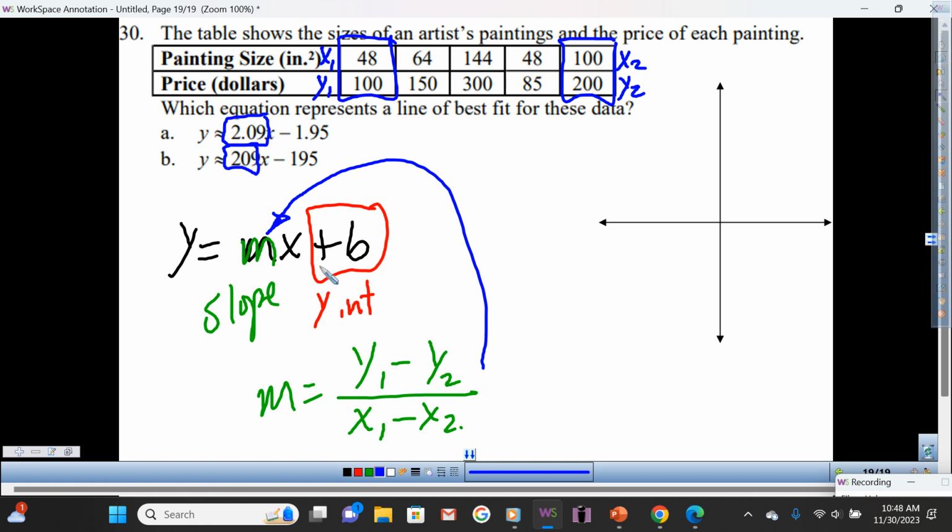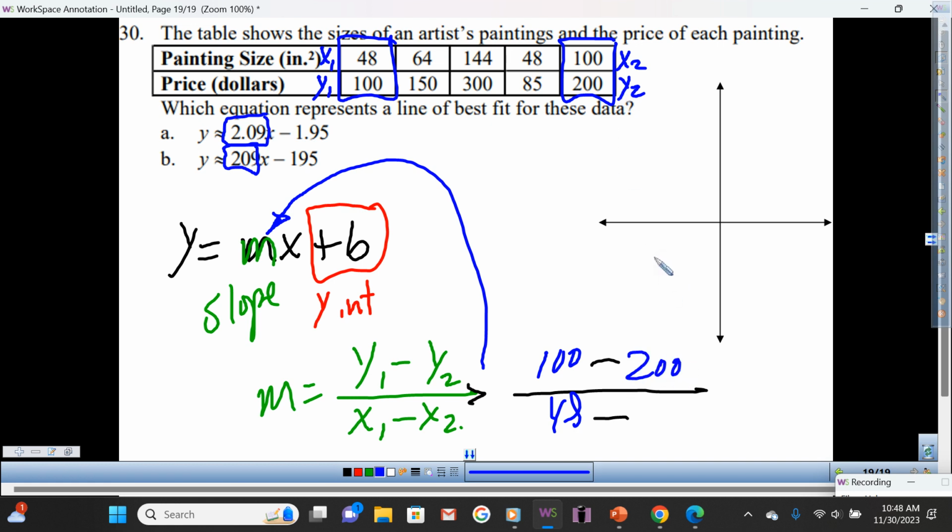All right, so let's substitute values. So let's see. Y sub 1, x sub 1. Y sub 1 is 100. X sub 1, 48. Y sub 2 is 200.